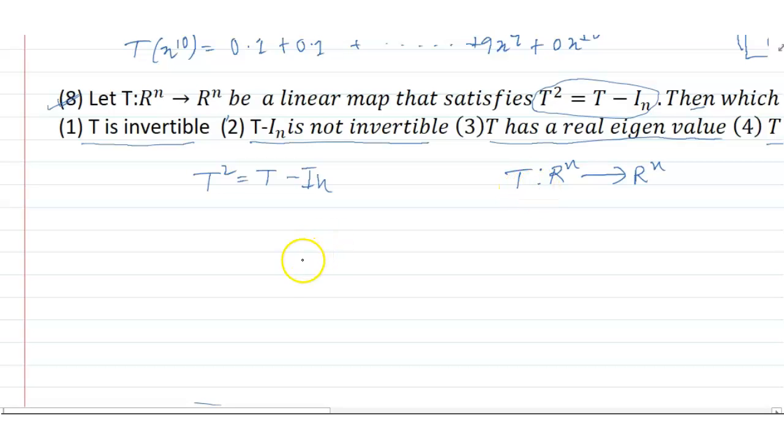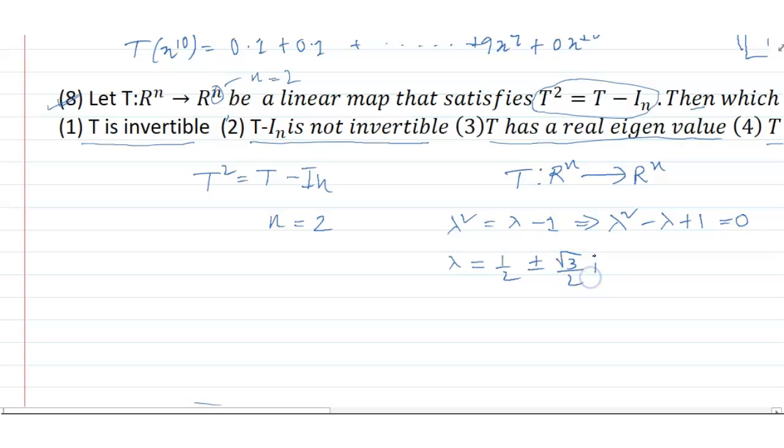We take n equals to 2. So T square is equal to T minus I n. So our values is lambda square is equal to lambda minus 1, and we see that lambda square minus lambda plus 1 equals to 0. So it can be written half plus minus root 3 by 2 i.